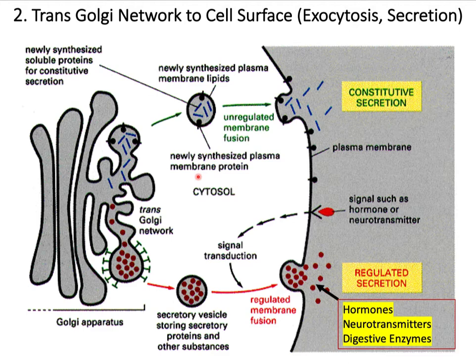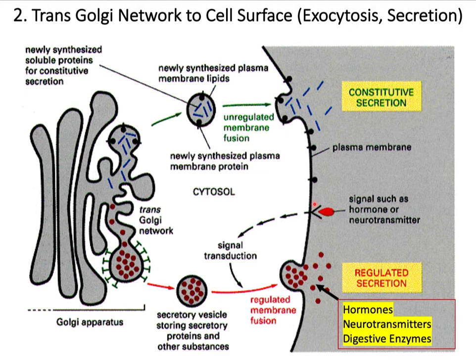Now, there is a subset of cells that also possesses what is known as a regulated secretion pathway. In this case, you have vesicles budding from the trans-Golgi network that contain a cargo that is going to be secreted out of the cells in a very regulated way. So it is not constitutively released from the cells, but when the cell receives a signal, such as a hormone or neurotransmitter, these secretory vesicles fuse with the plasma membrane, releasing their content.